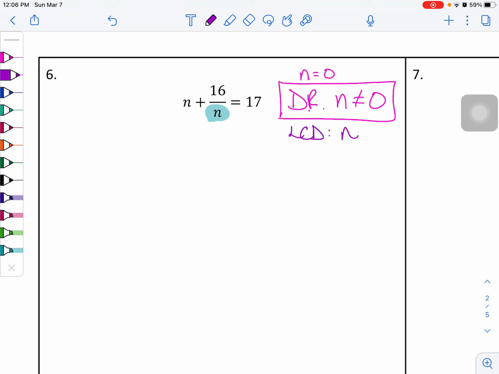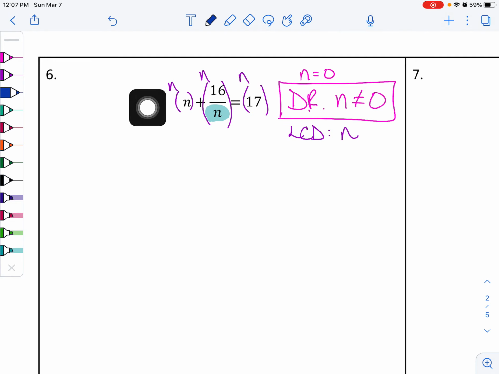LCD, least common denominator. That one's actually going to be relatively easy as well because you only have one factor in the denominator, which is the letter n. It's the variable n. So what I'm going to do is take every part of my equation and multiply it by n.